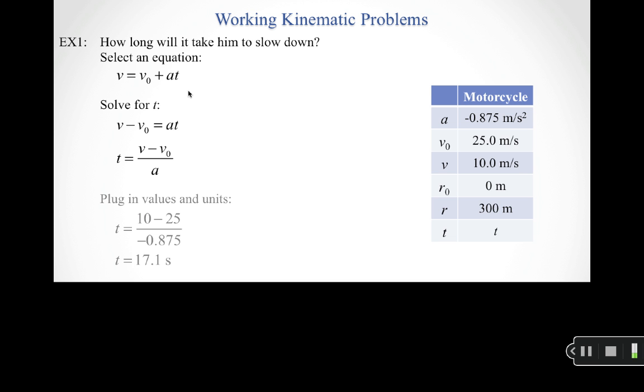So again, solve that for t, plug in my values. I can check my units using dimensional analysis here, but what I get is a time of 17.1 seconds. Again, I can check, did we include units? Sure enough. And then does the sign make sense? Well, yeah, I know that my time answer should be a positive value because I started the clock at t equals 0 and need a positive answer going forward.